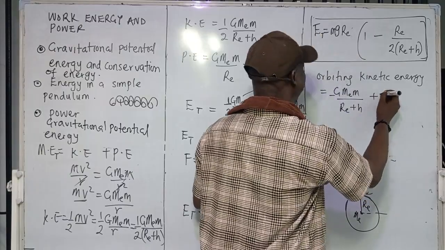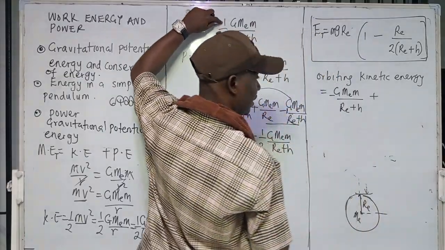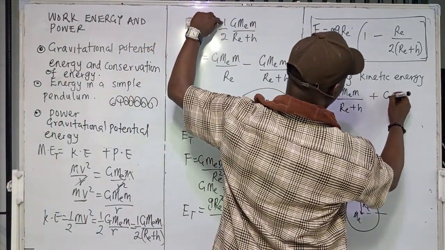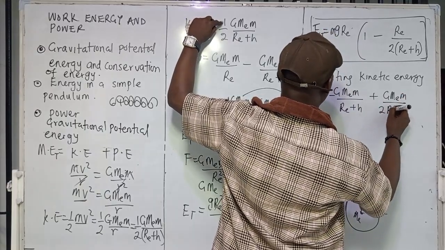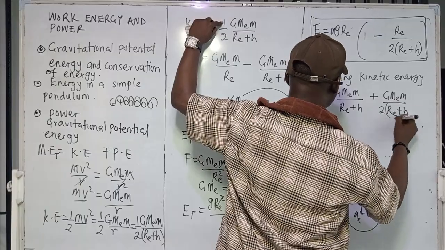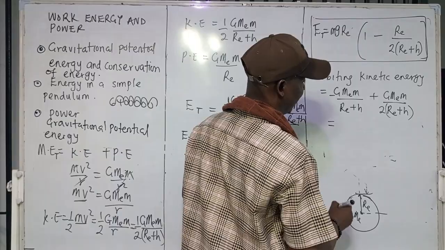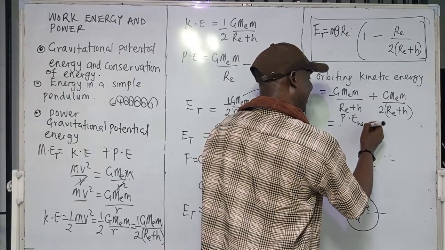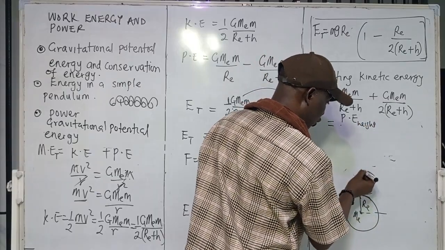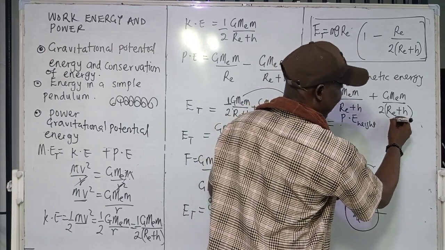Then the kinetic energy, I've given that formula before, is here. Look at it here. It's still here. Plus G M E M over 2 R E plus H. If you add these two together, this is the potential at that height when you launch it to this position. This is the kinetic energy at that position.